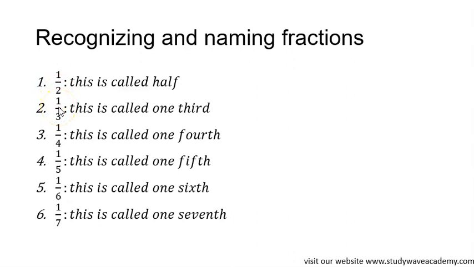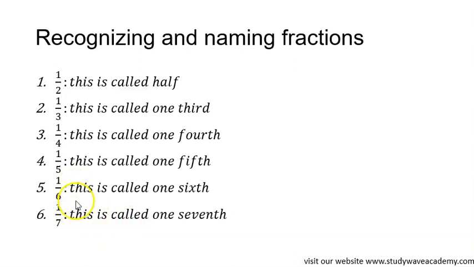Then when you see 1 over 3, it is called 1/3. 1 over 4 is called 1/4. 1 over 5 is called 1/5. 1 over 6 is called 1/6. 1 over 7 is called 1/7.